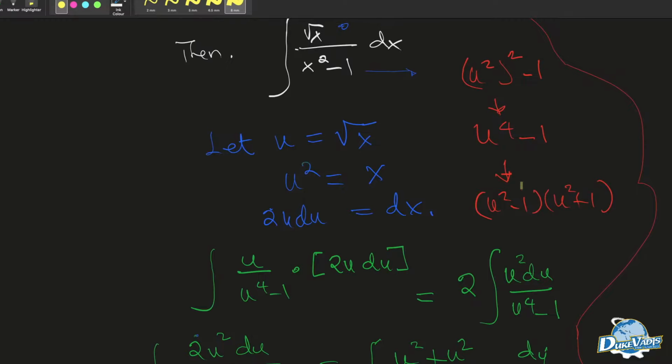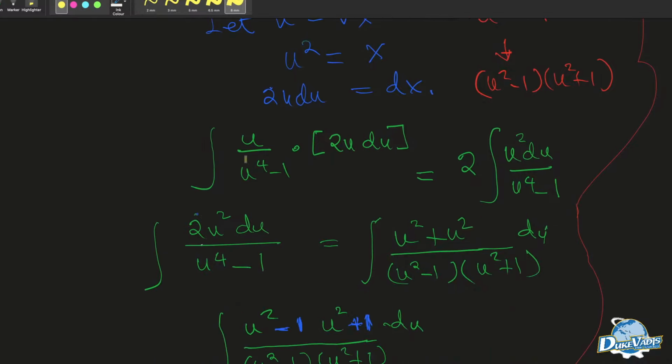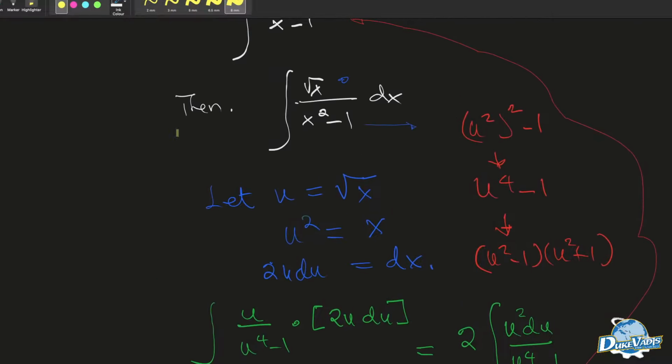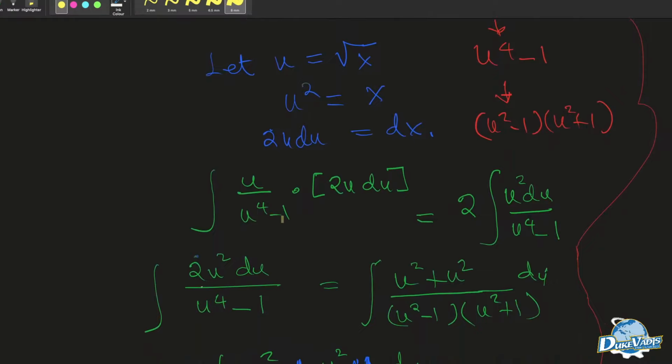We expanded it. Then we came down. We substituted all these respective values into our integral here. So we landed up with our u, which is there. And u raised to the power 4 minus 1 multiplied by 2u du.